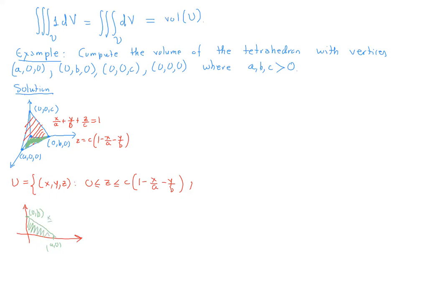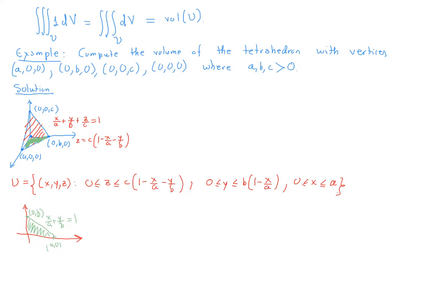This line is x over a plus y over b, again the equation of intercepts, equal to 1, which will give you that y is between 0 and b times 1 minus x over a, and eventually x is simply between 0 and a. So we have our domain. We just need to integrate the function 1. So let's take a deep breath and do it.